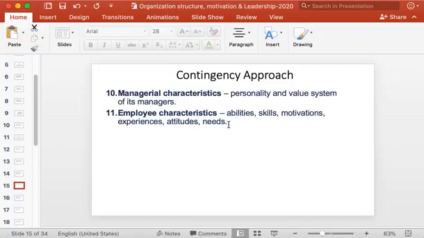So in this way, organizations may need to be changed depending upon the upcoming situations. And for that, it calls for contingency approach to organization design.